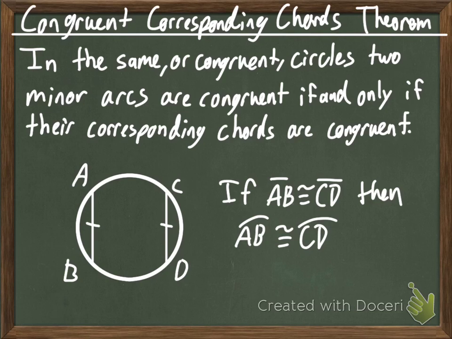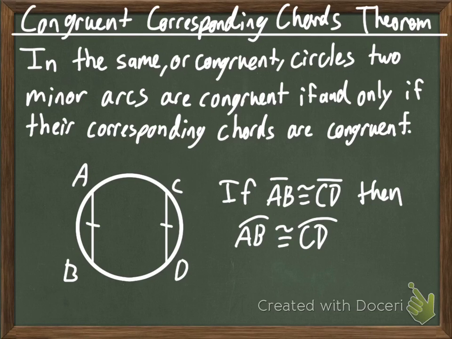So, congruent corresponding chords theorem. That's a mouthful. In the same or congruent circles, two minor arcs are congruent if and only if their corresponding chords are congruent. So we no longer need to know a central angle to know if our arcs are congruent.